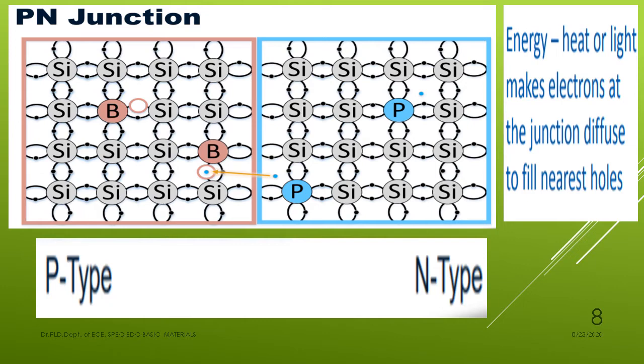Whenever you place P type and N type semiconductors together, because of the opposite polarity, the holes and electrons are attracted together. While attracting, the electron can move from N type to P type, and wherever the vacant place is in the P type, it will be occupied. That vacant place in the N type we consider a hole, and the filled portion is an electron.